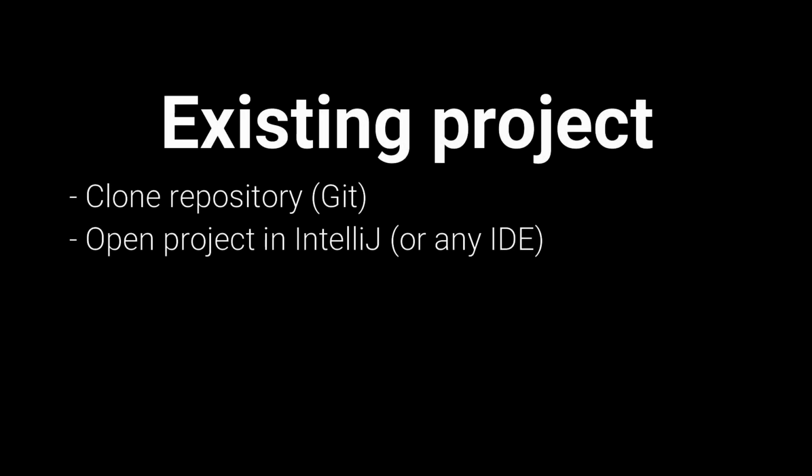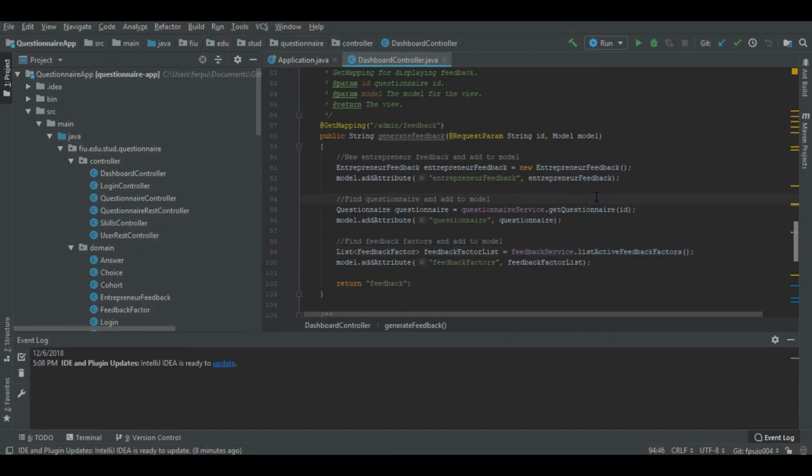If you want to open the existing project, it's very easy. You just have to clone the repository of our project and then open the project in IntelliJ or any other IDE. If you want to deploy the project, you only have to create a new configuration.